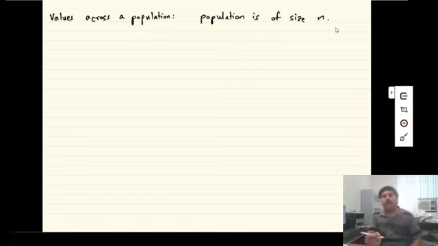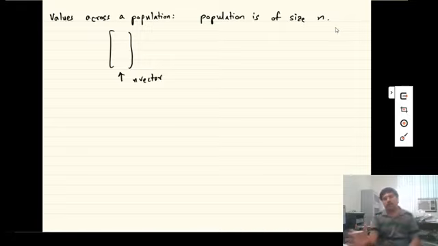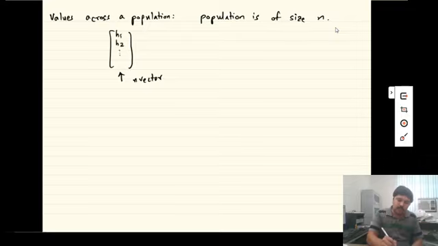The ith entry is the value recorded for the ith person in the population. For example, an n-vector can be a vector of all the heights of the people in the population. So it can be h1, h2 up to hn. This is in Rn, where hi represents the height of the ith person in the population.